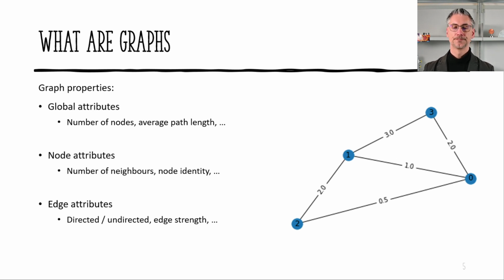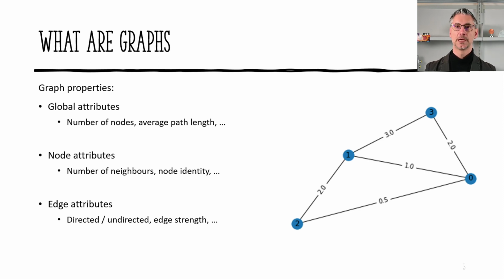So what are graphs? Graphs are again the combination of nodes and edges, but we can have features on different levels, and this is quite different to the machine learning and deep learning networks that we have encountered so far. We have the global attributes, for example the number of nodes, the average length, or anything that is associated with the graph itself.